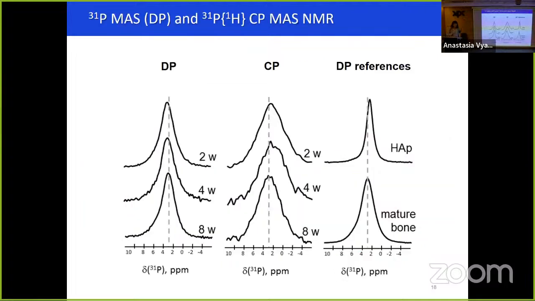I show here phosphorus-31 NMR spectra measured after different time periods using two approaches, direct polarization and cross polarization, and we compare with references. Two references were used: crystalline hydroxyapatite and mature bone from the same animal. We can only conclude that the spectra of newly formed tissues are slightly shifted and strongly broadened, but there is not much information.